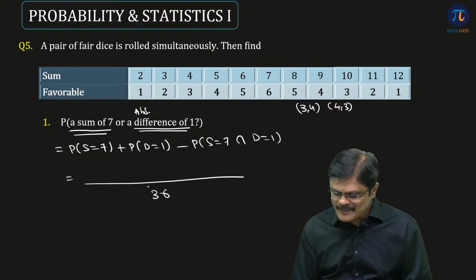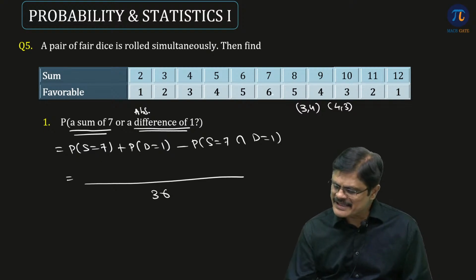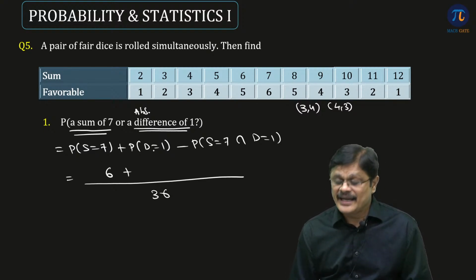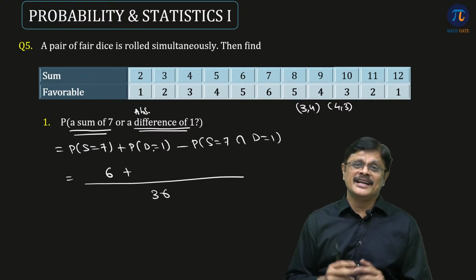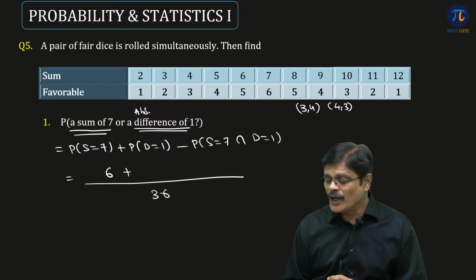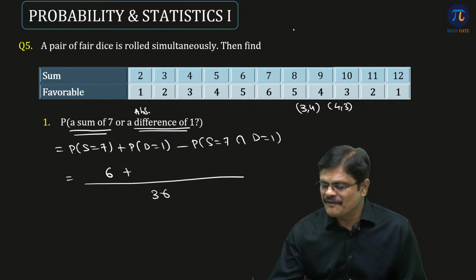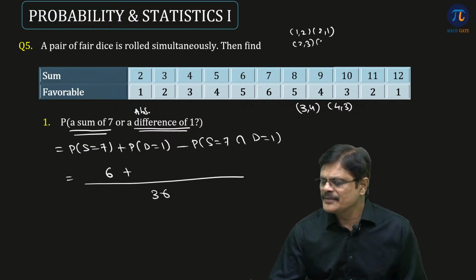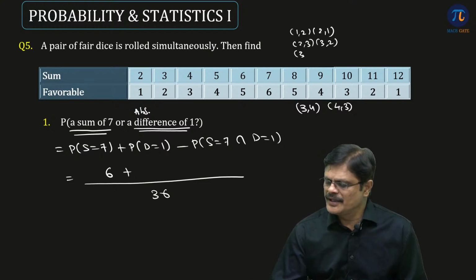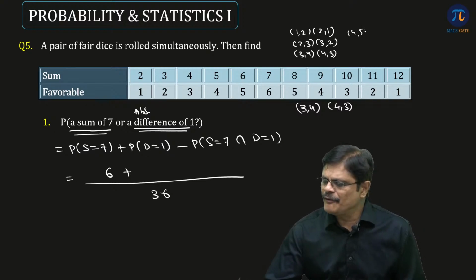Total 36. Sum 7, how many cases? Sum 7, 6 cases. Difference 1, how many cases? We know difference 1 means: 1, 2, 2, 1. Here the difference is 1. 2, 3, 3, 2. 3, 4, 4, 3. 4, 5, 5, 4.